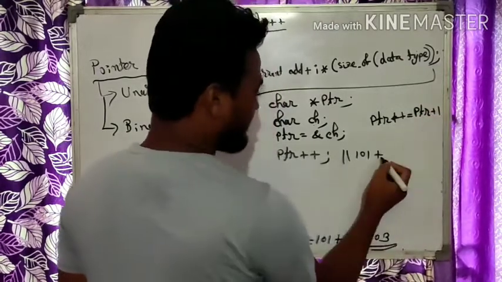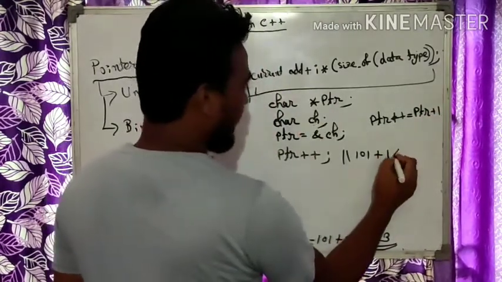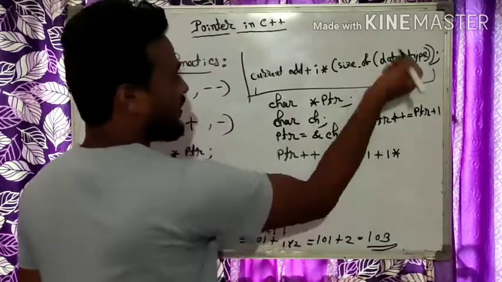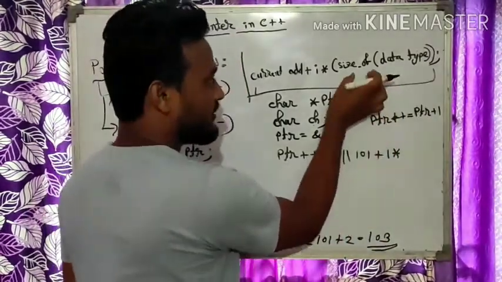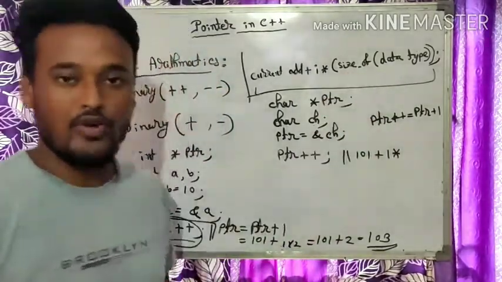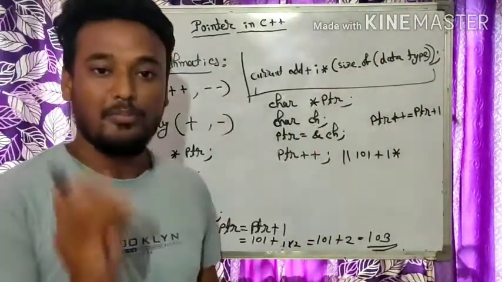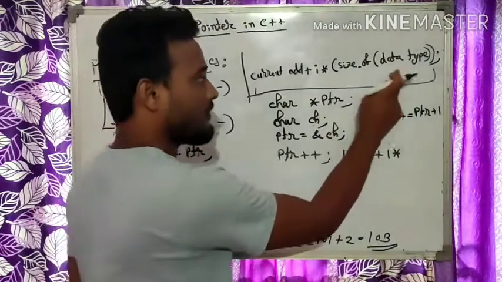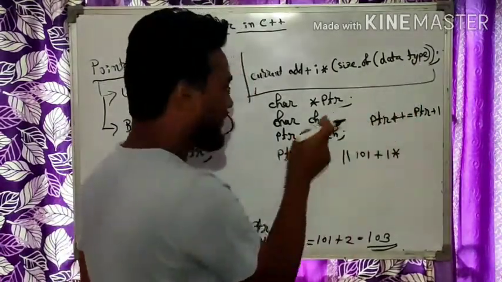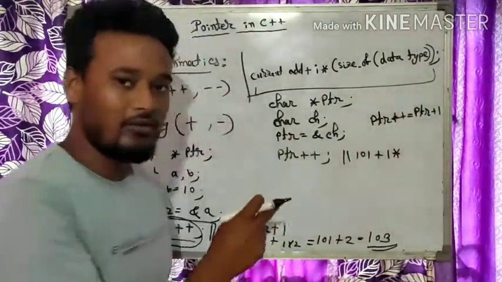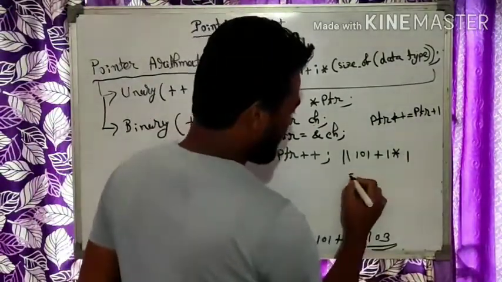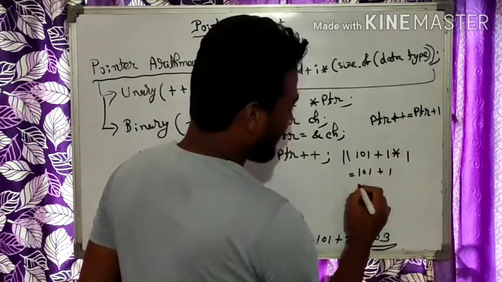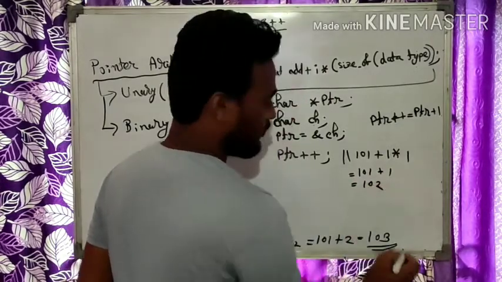So this 1 here is i, 1 into size of data type. The sizeof operator is a special operator that gives the memory size of the data type. The data type is character, and you all know that the character data type is 1 byte. So it will be 1, so 101 plus 1, ultimately 102.